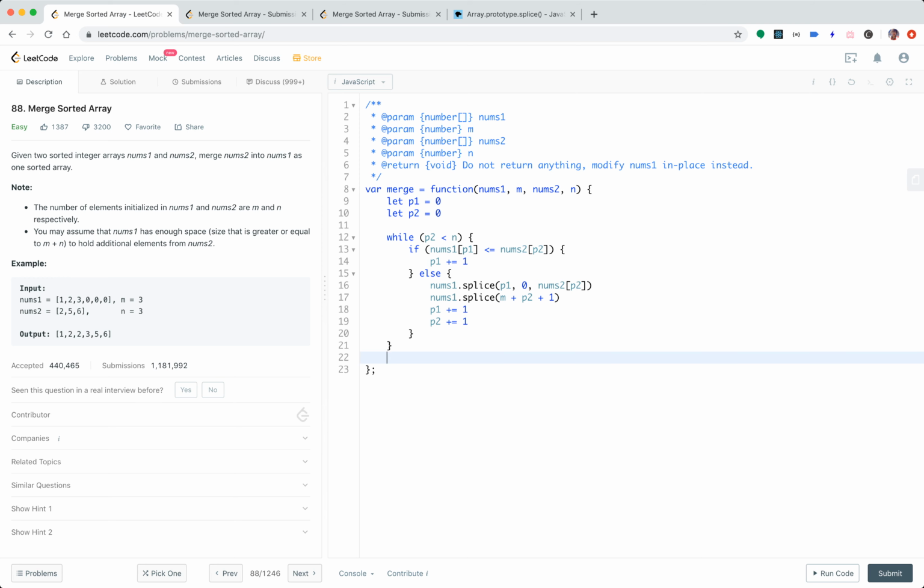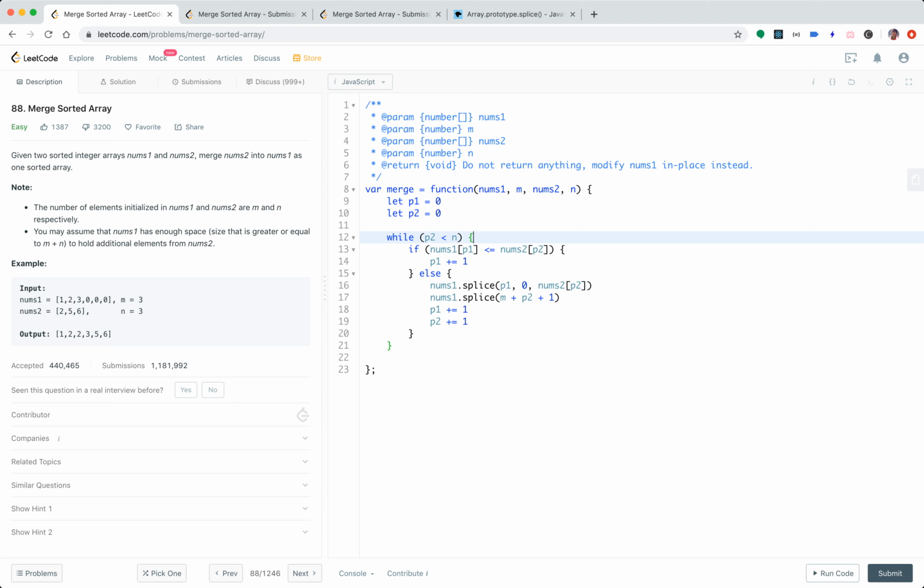While P2 is smaller than n, there is a problem: if we continue P1, it will overflow. Like this, P1 will go to number 4, but actually 3 is the nth. We have to have a condition here.